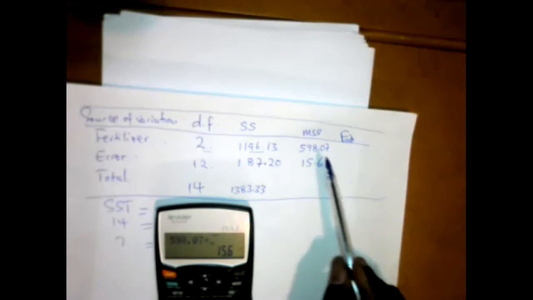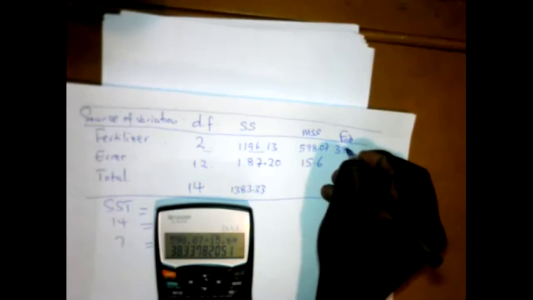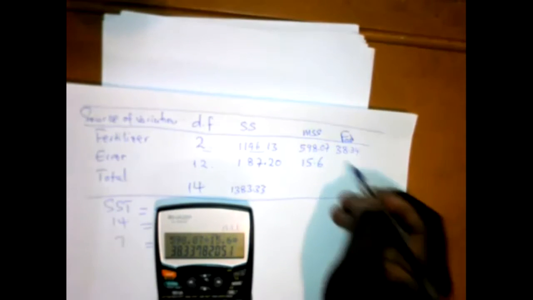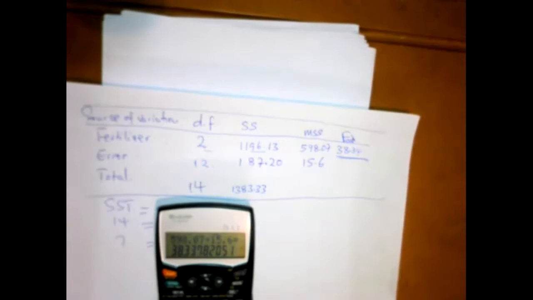Remember the formula for F cal, check properly in your notes. It is the mean sum of squares for treatment divided by the mean sum of squares for error. So we will get our F cal as 38.34 when I round off. So take note of this value. This is the value that we want. When we are constructing the ANOVA table, our purpose is to get that value.